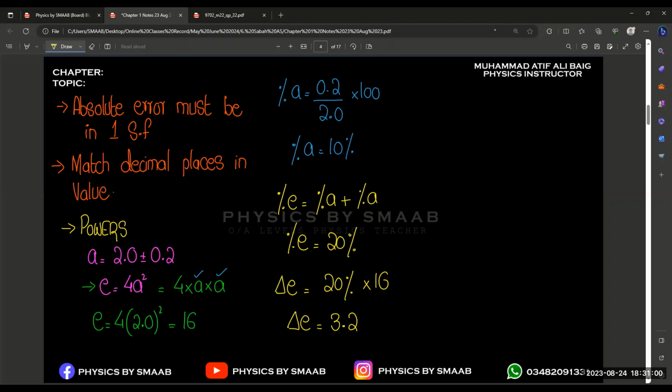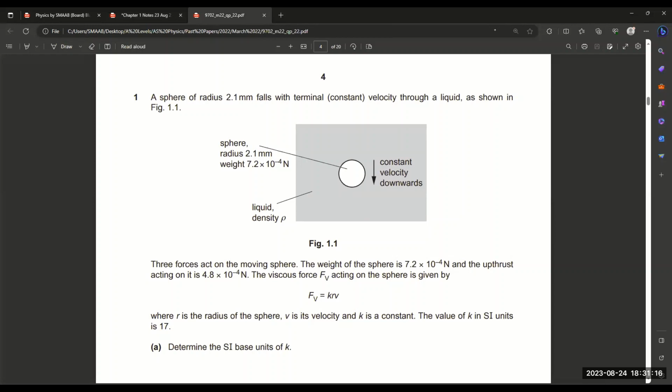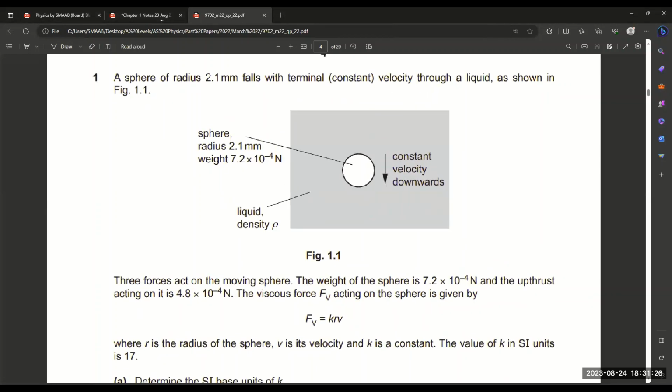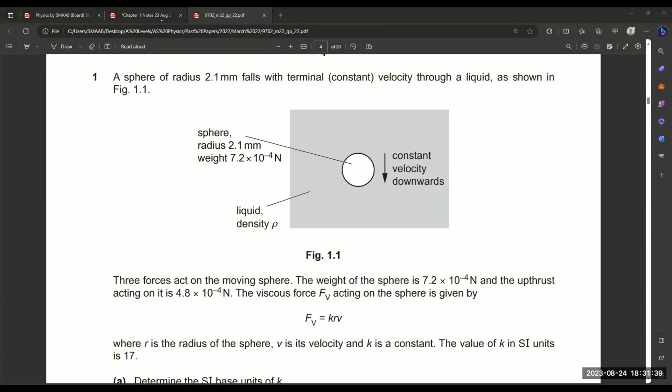Let's suppose we consider this question, because the first chapter is not only related to uncertainties, it is also related to the quantities.